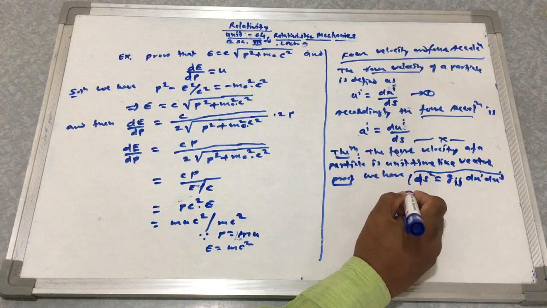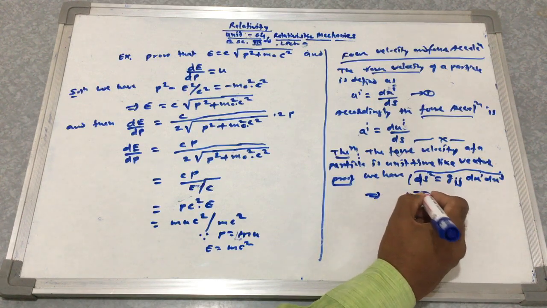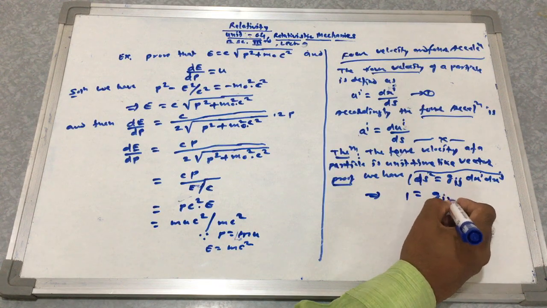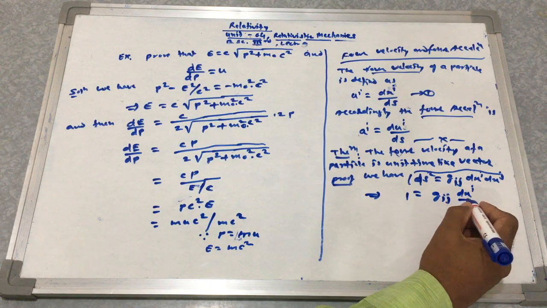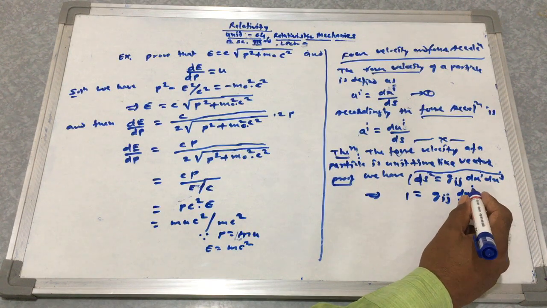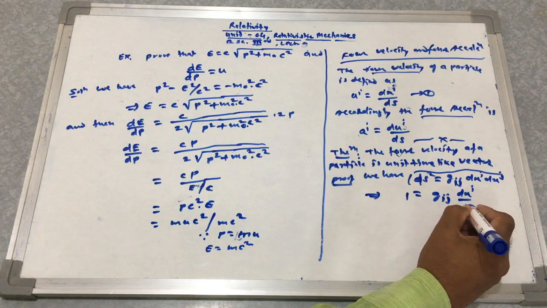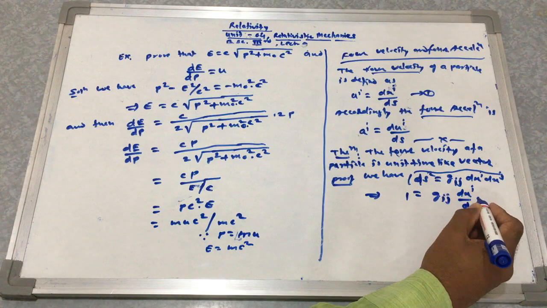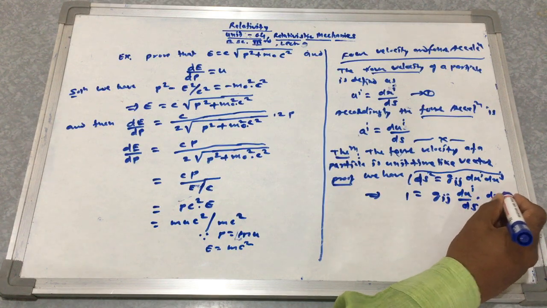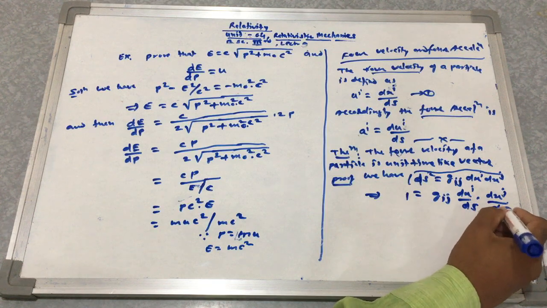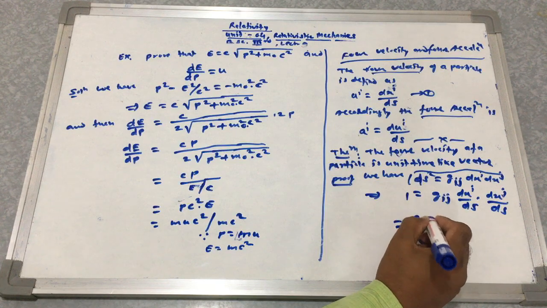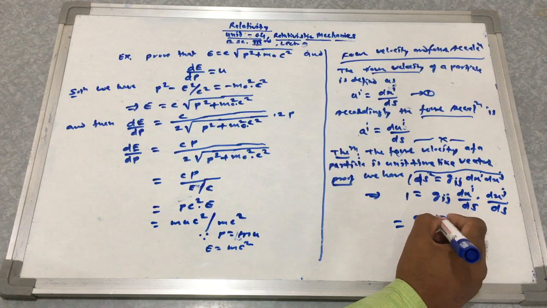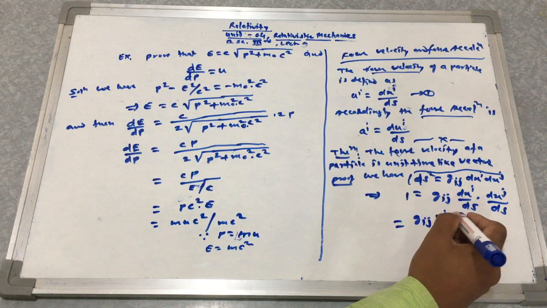So ds square is equal to 1, 1 is equal to g_ij dx^i upon ds into dx^j upon ds, that is equal to g_ij u^i u^j.